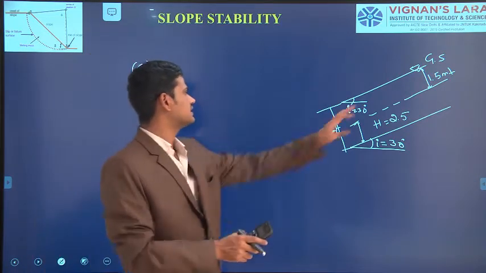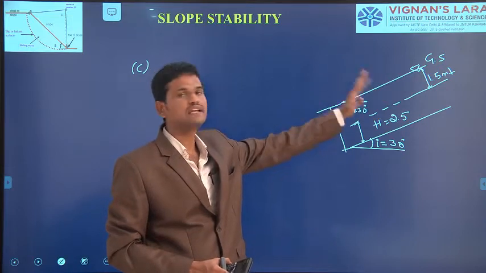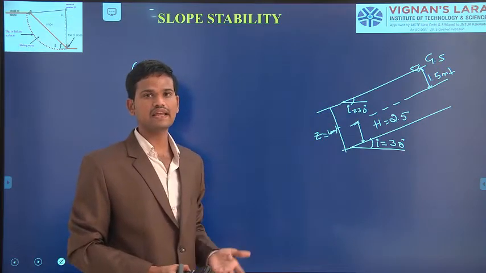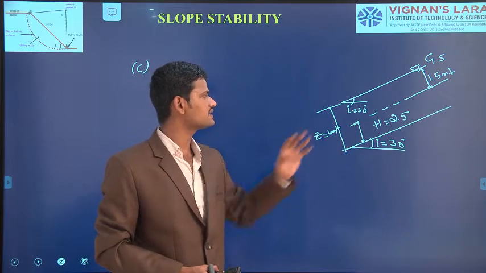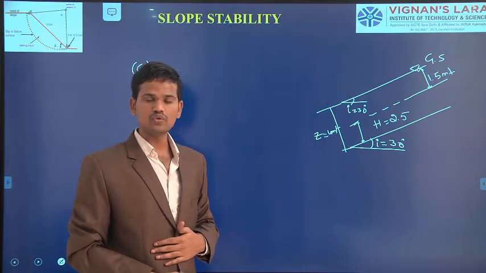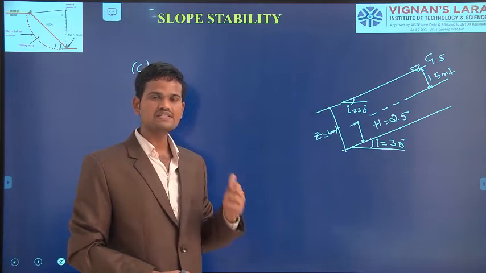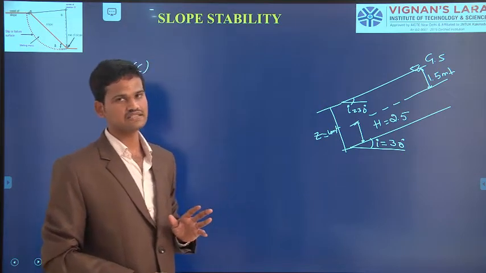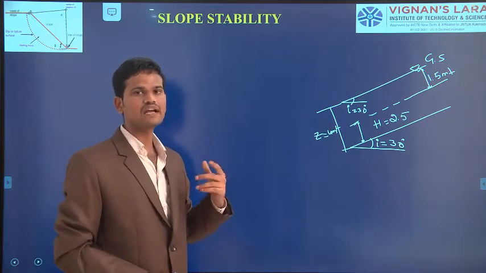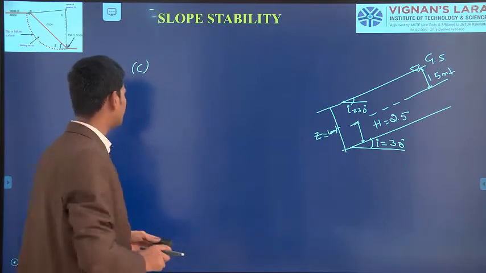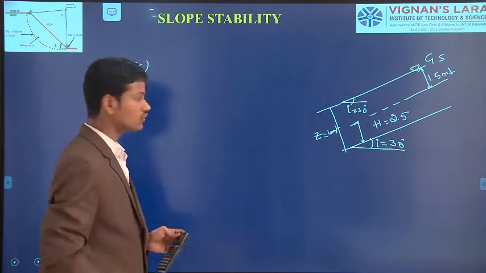The soil present here is in a completely dry condition, whereas for the soil here there is the presence of the water table. Due to this presence of the water table, the soil mass is in a saturated condition. For all these unit weights of the soil mass, we have to calculate the average unit weight.